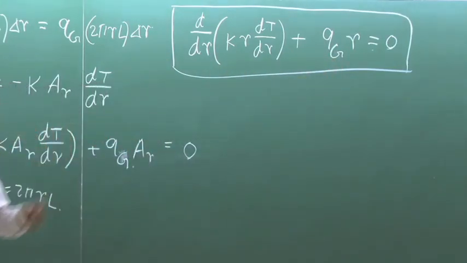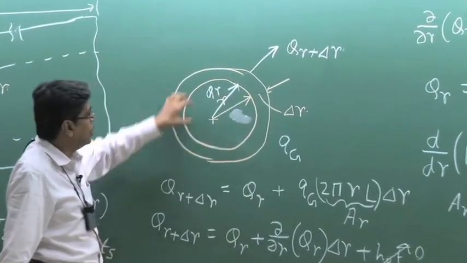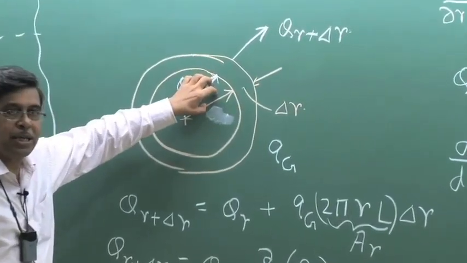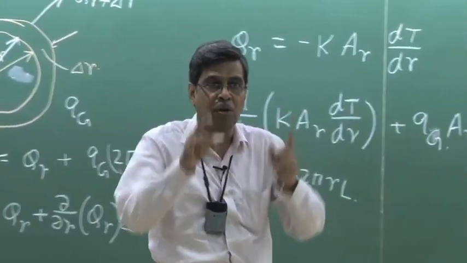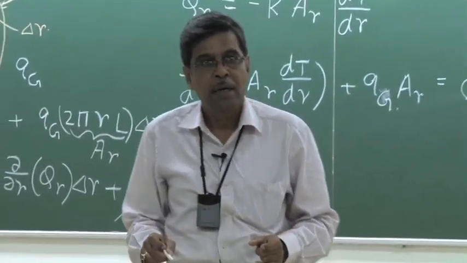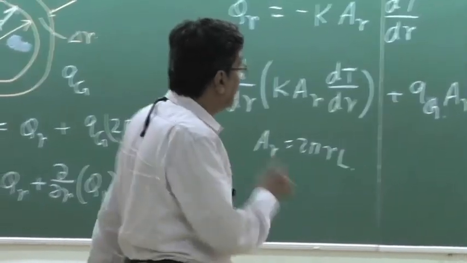Now the same equation, I again tell you, can be derived from the general heat conduction equation. The way I told you for the plane surfaces also, it is always better to make an energy balance for a steady one-dimensional case and derive your own equation. But from the general equation also we can come to this. In a cylindrical coordinate system, the same thing will appear.